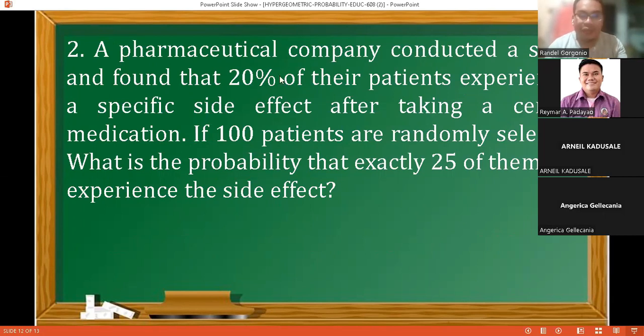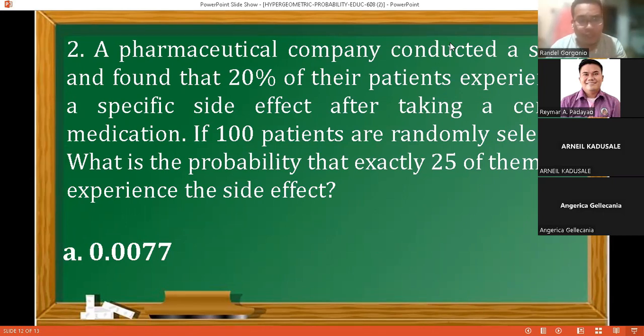If 100 patients are randomly selected, what is the probability that exactly 25 of them will experience the side effect? Think about it. You have to create the mathematical sentence from this problem, and the most important thing is to identify first what is being asked in the problem.